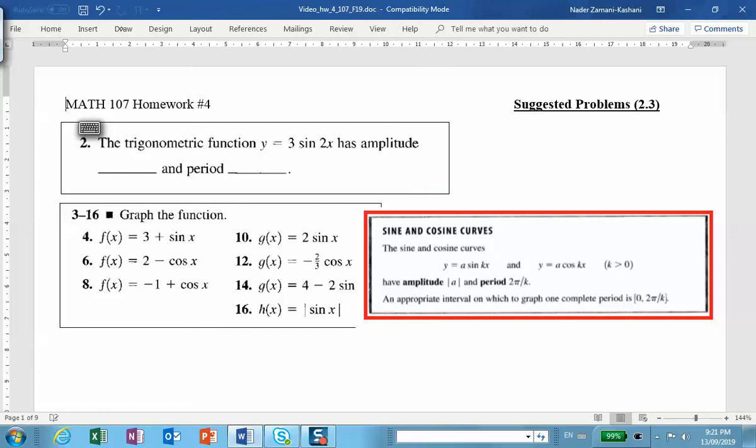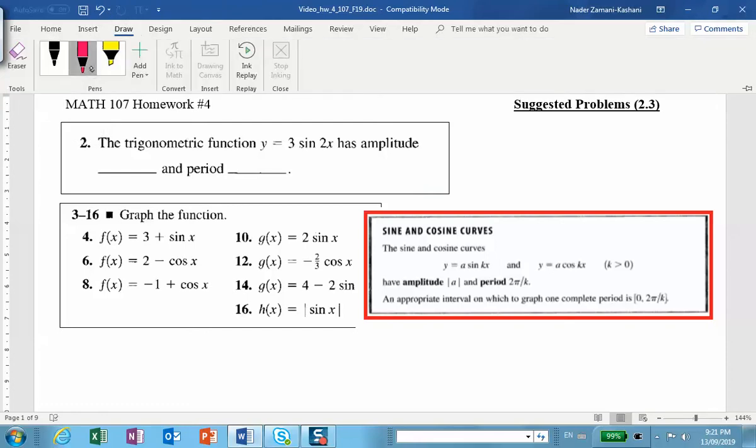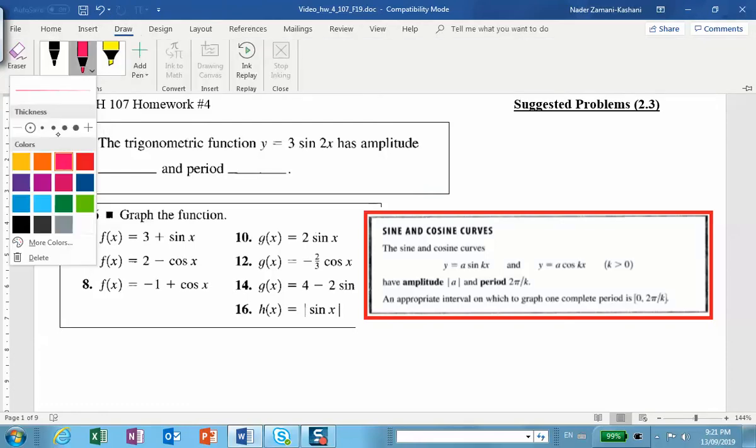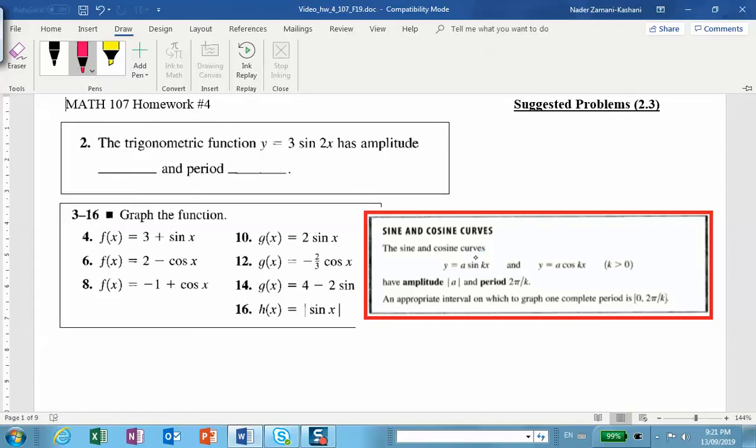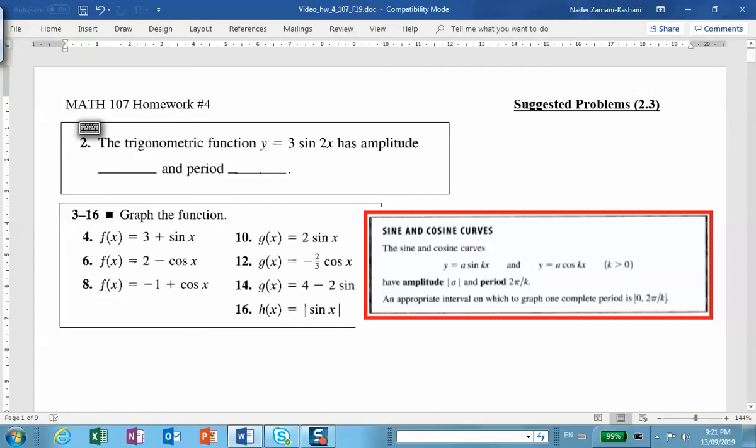All right, so if you have an expression which is a sine kx or a cosine kx, a is called the amplitude, and you can find the period of this function based on k.